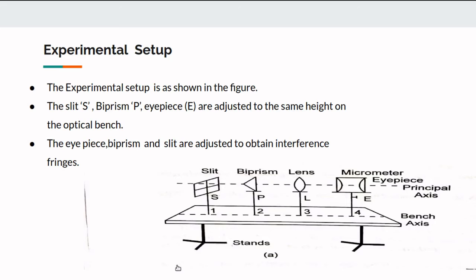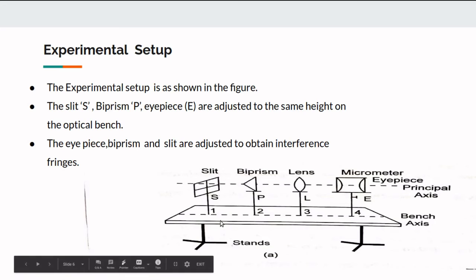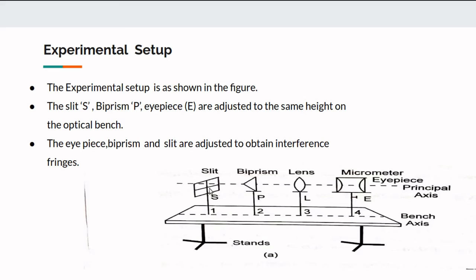For the determination of wavelength, the experimental setup is as shown in the figure. This is an optical bench, this is the slit from which light is allowed, this is the biprism, this is the microscope, and this lens is used for determination of 2d.